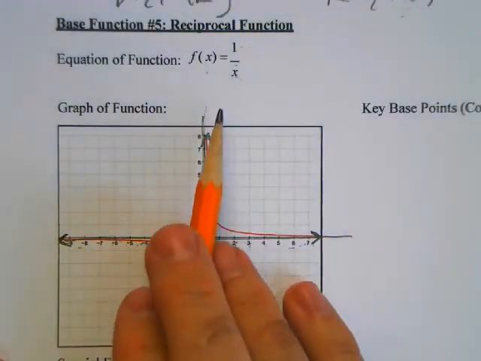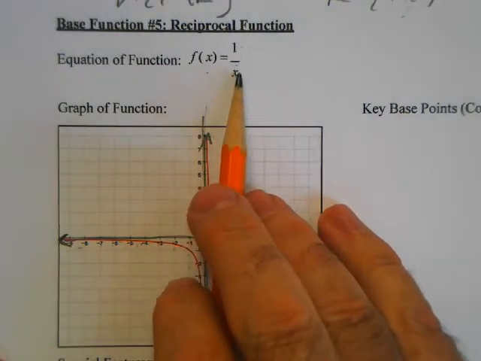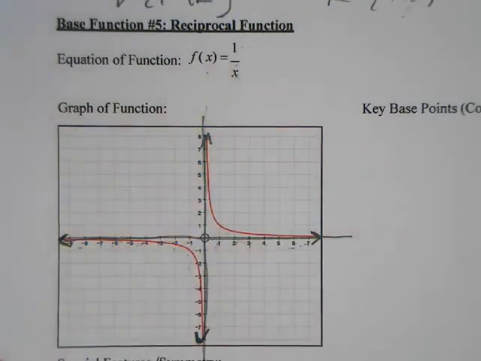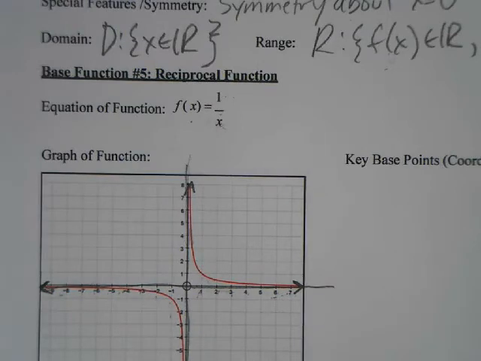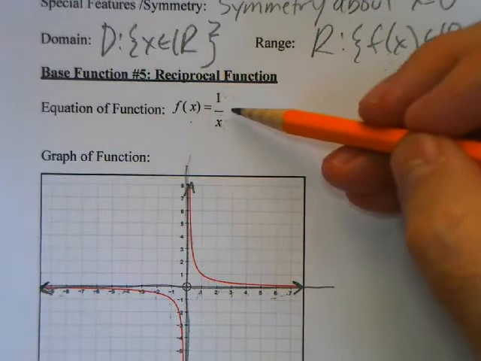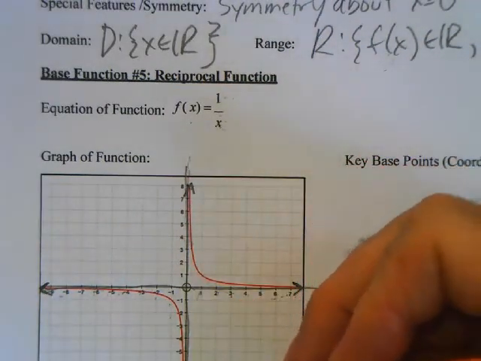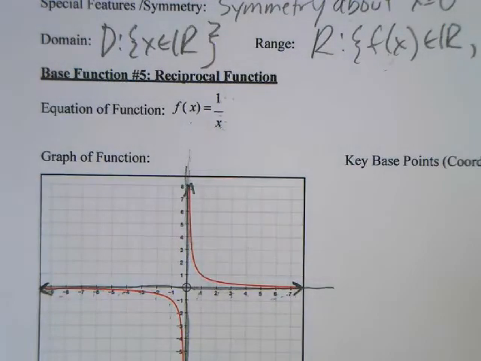Now what happens at 0? If x is 0, well, the function f of x says it's 1 over 0. Well, that violates the most precious math rule about dividing by 0. There's no value for the function at x equals 0. So because of that, the y-axis is also an asymptote.